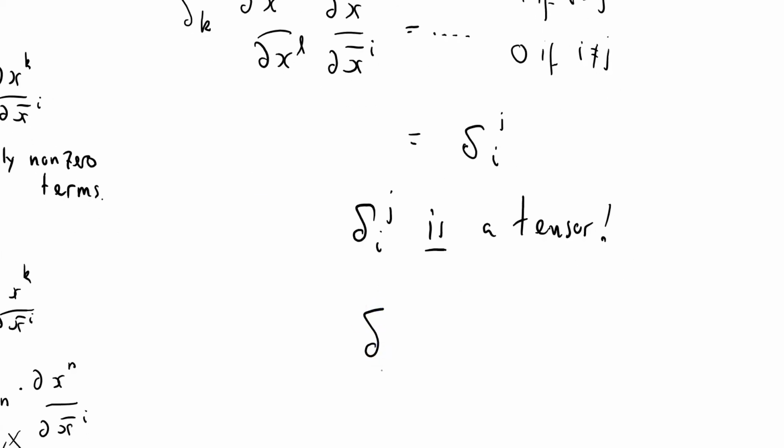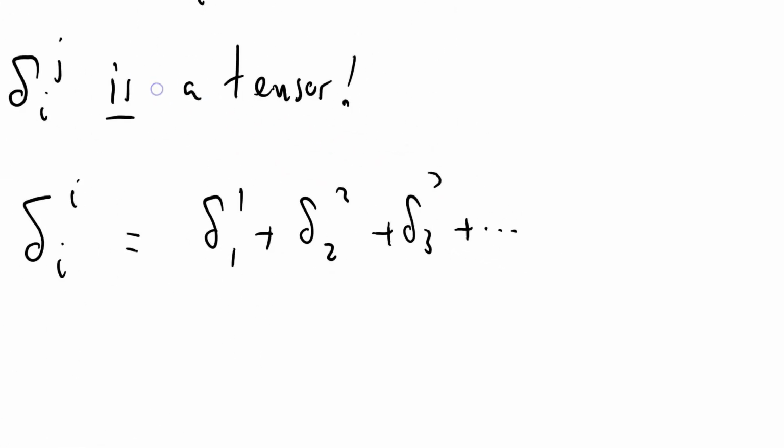One other thing before I finish: delta ii equals delta 1 1 plus delta 2 2 plus delta 3 3 plus dot dot dot, plus delta n n.